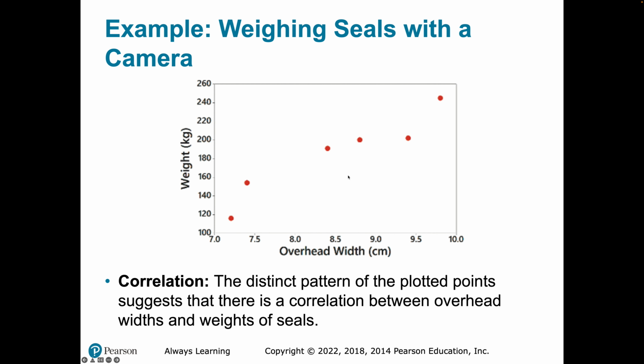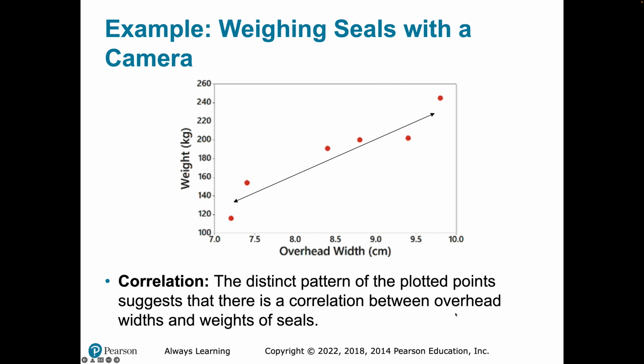So this point right here that I am circling has an x value of about 8.4, and it has a y value of about 175. This point right here that I'm circling has an x value about 7.2, and I'd say it has a y value approximately, I don't know, 118, let's call it.